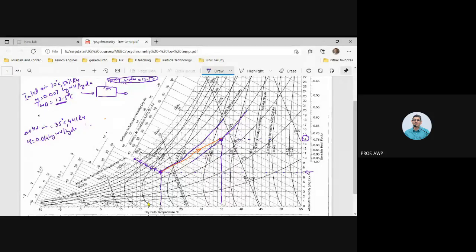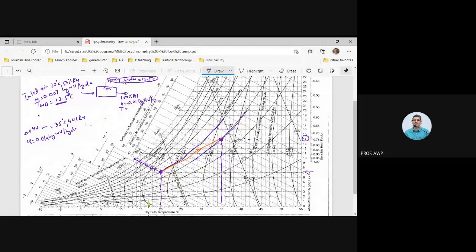So at the most, outlet air will become 100% saturated. What is the humidity that it will have? Around 0.01, correct, around 0.01 kg of water vapor per kg of dry air, right?